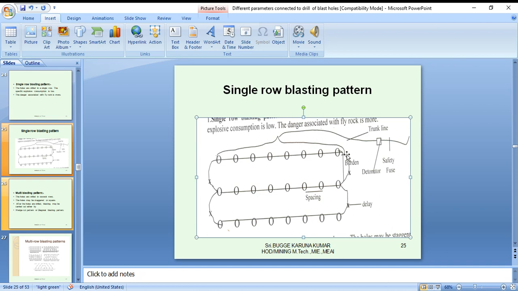The holes are connected in one single wire, and then the next, and then the next one. They put the delay here because the first one blasts, then the others. This is the burden, the spacing is given, and detonators are connected here. So the single row blasting is activated. This is the single row pattern of blasting.